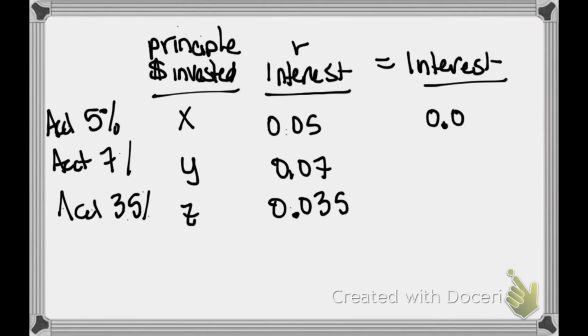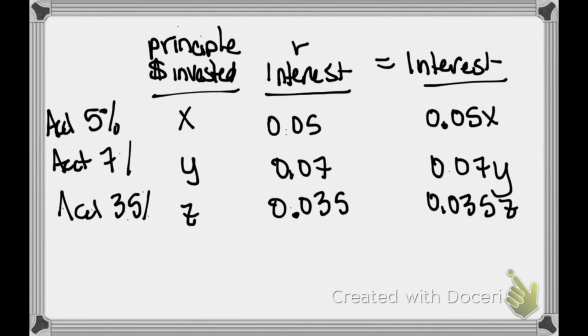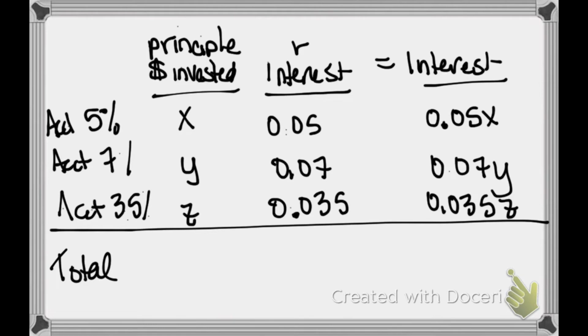Being a math teacher, I'm just inclined to put the number, the coefficient, in front. Oops, that's not x, that's y. And then we have 0.035z.